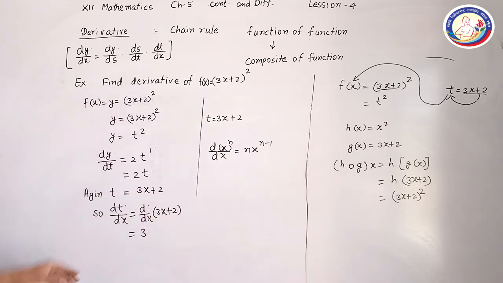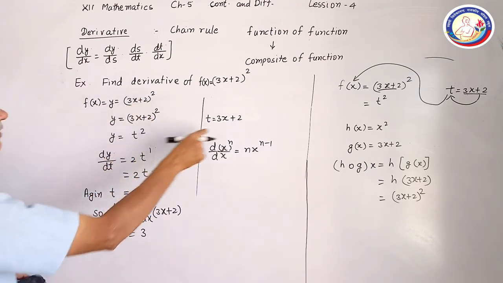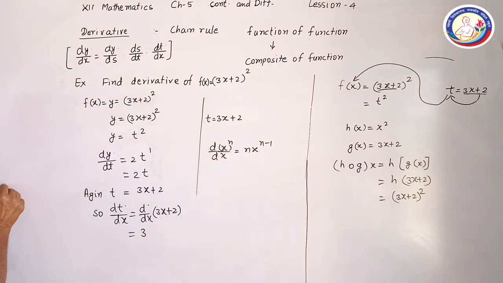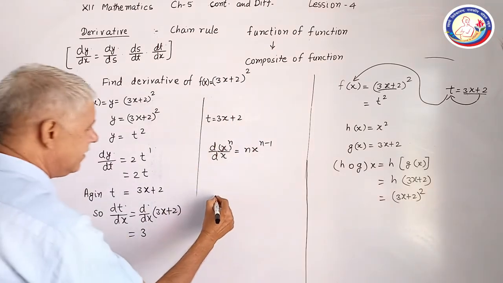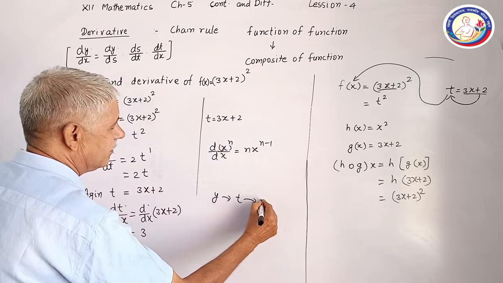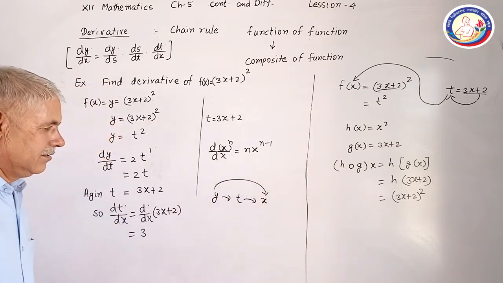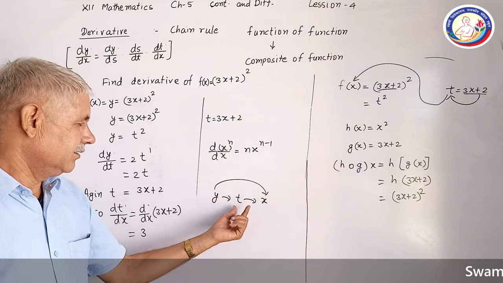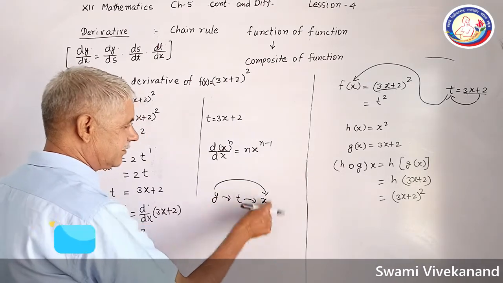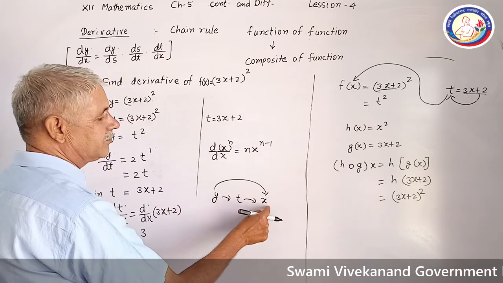Now by chain rule, here we have written y in terms of t and t in terms of x. So y to x, this is the composite functions indication. y is a function of x; we have written y in terms of t and then t in terms of x.